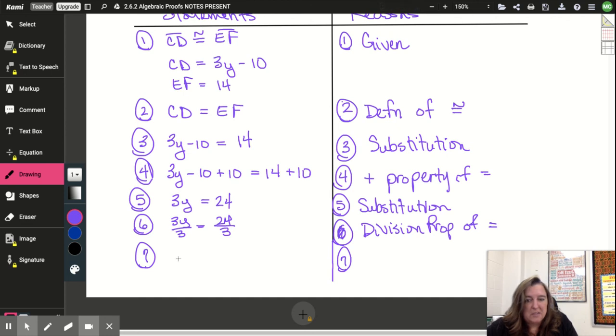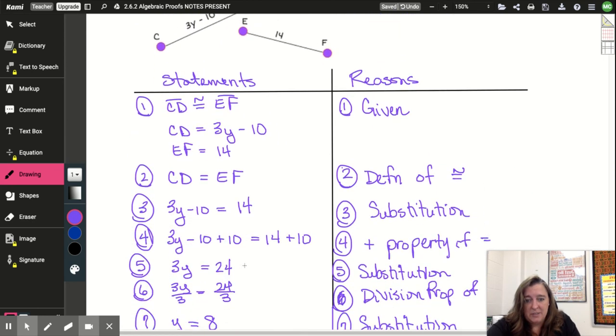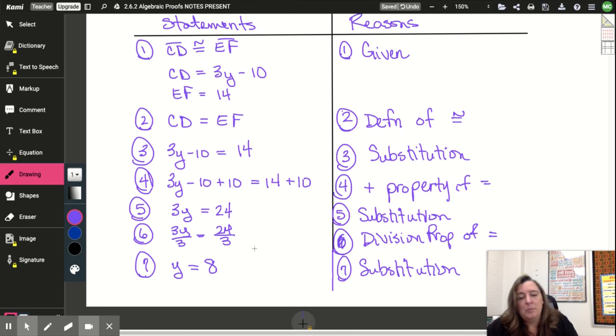Then I can perform the division on both sides, so I end up with y equals 8, and that would be because of substitution. And y equals 8 is what they asked us to prove. So I have completed the proof showing a logical sequence of steps and reasons for every step that I took.